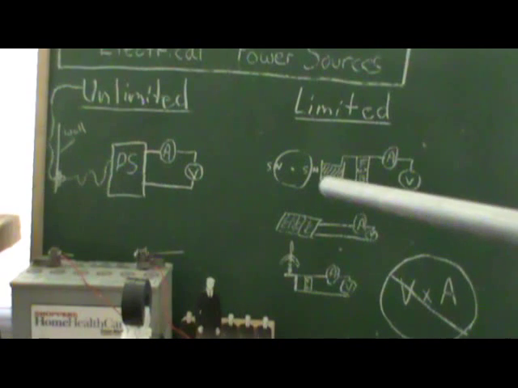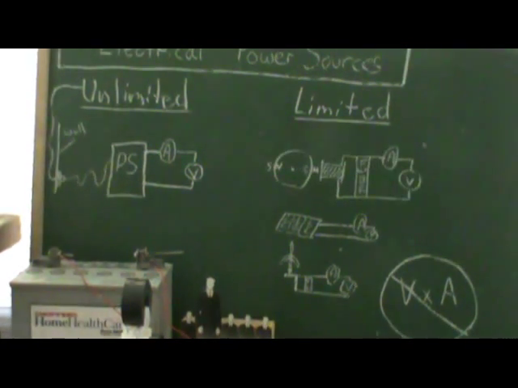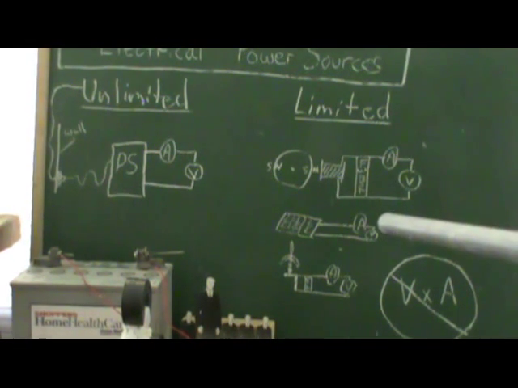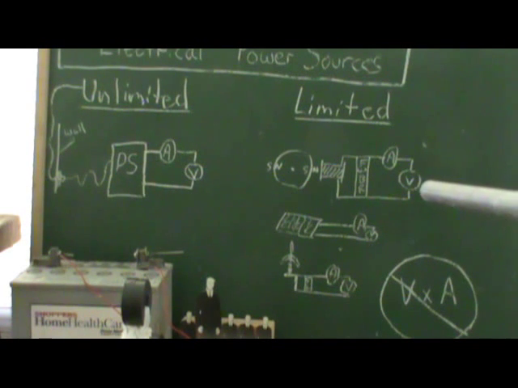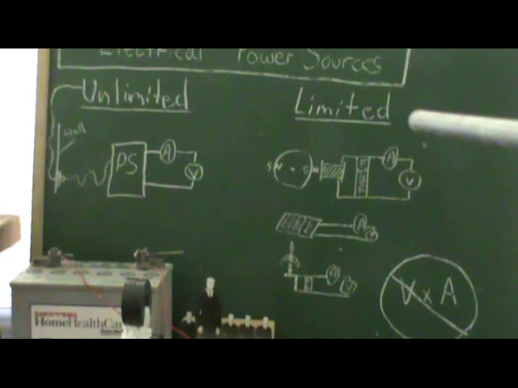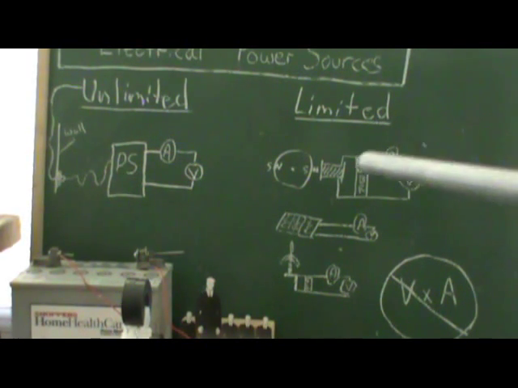So Lenz drag would also approach 0. So it's proportional. The difference between the load voltage and 0 would be proportional to Lenz drag. So when the load voltage approaches 0, Lenz drag would also approach 0.